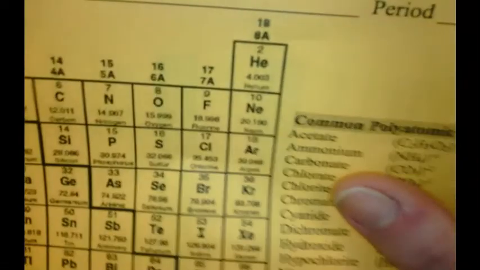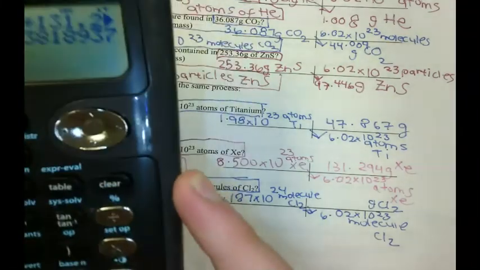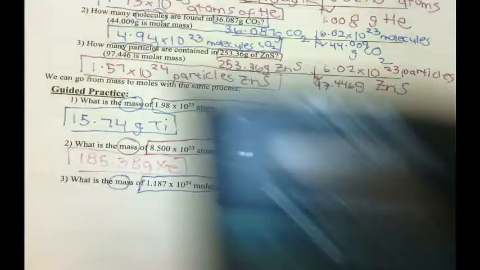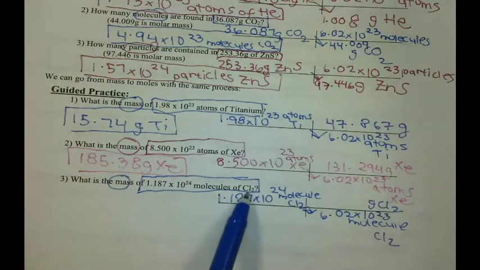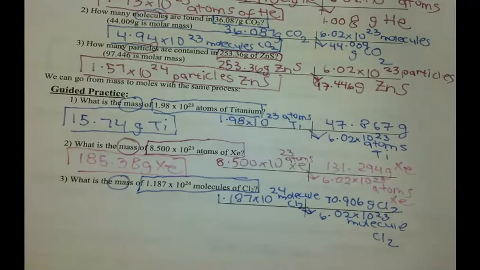So I need to multiply this 35.453 by 2 in order to get the correct answer. So be careful and make sure you get the correct molar mass. I'm going to say 35.453 times 2, because it is Cl2, there's 2 of them, and that will give me a molar mass of 70.906. And now I'm all good to go.